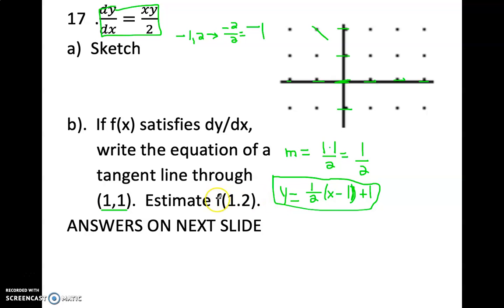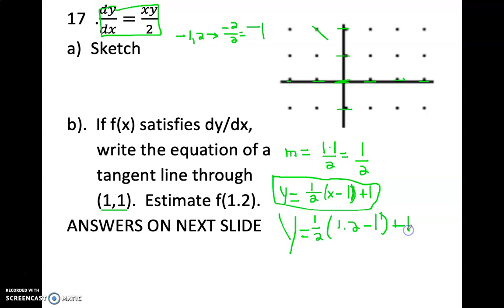All right, and then estimate 1.2. All you are going to do is go to that tangent line and insert 1.2 into the tangent equation. So 1/2 times 1.2 minus 1, plus 1.